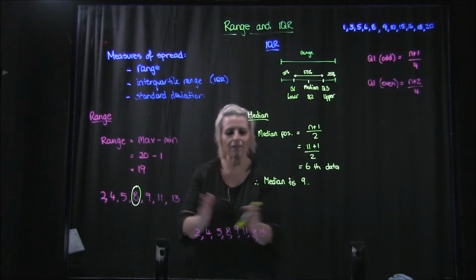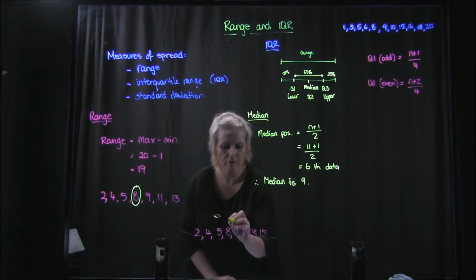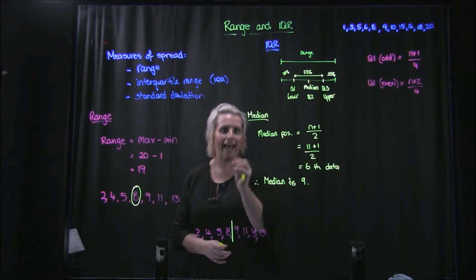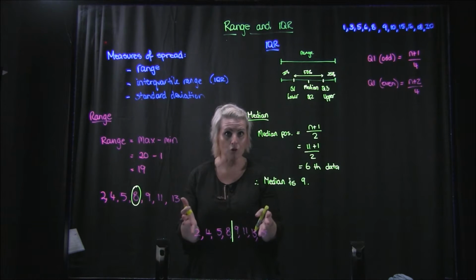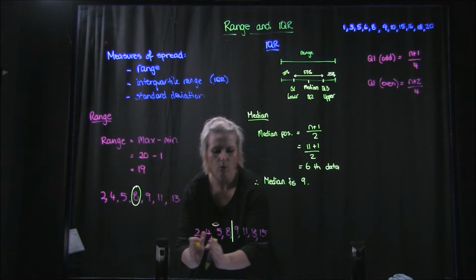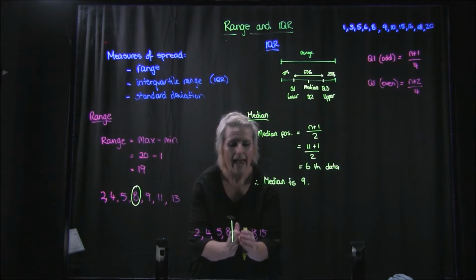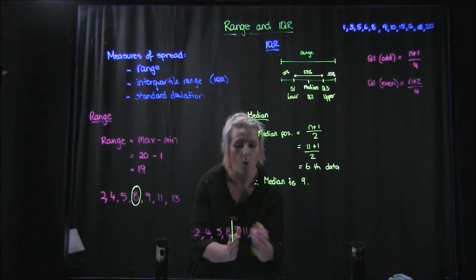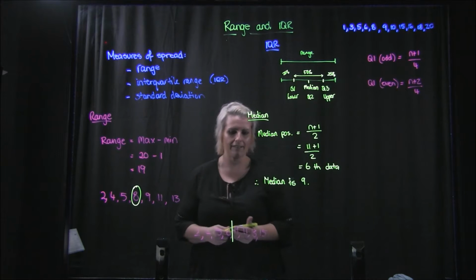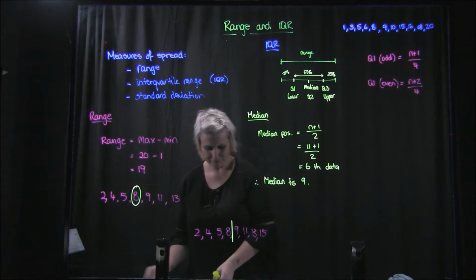When we have an even data set, the median is going to fall in between two values, so it's not an actual data value. Q1 is the center of all of the data on the left of the median, and Q3 is the middle of all of the data on the right-hand side. Hence the reason we have two different formulas.